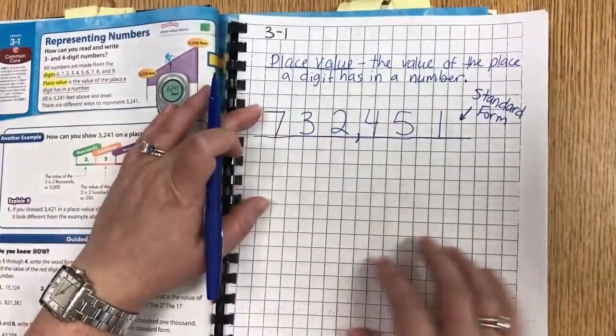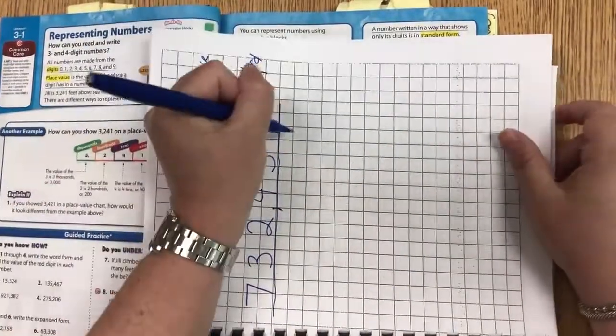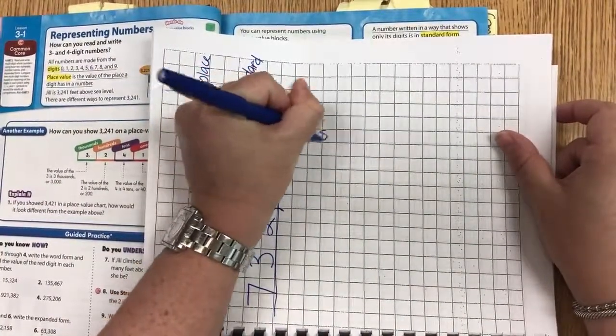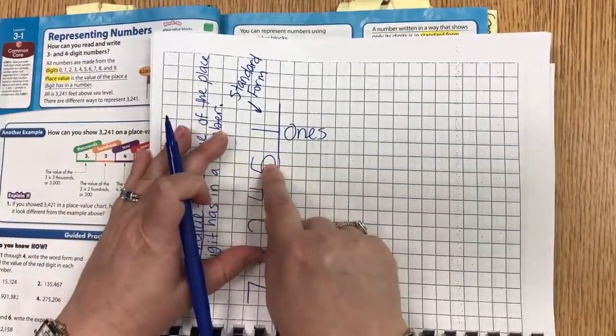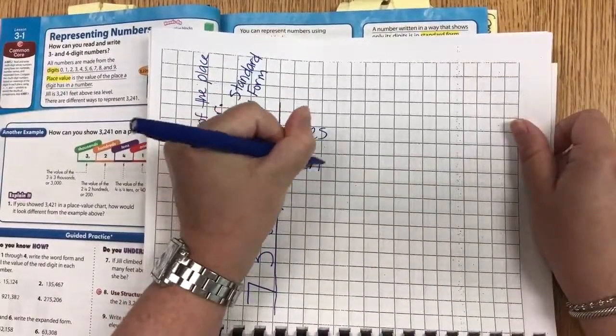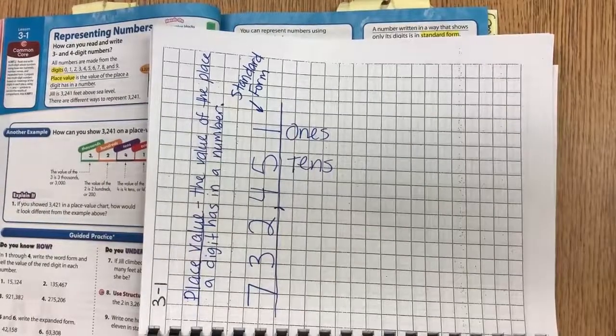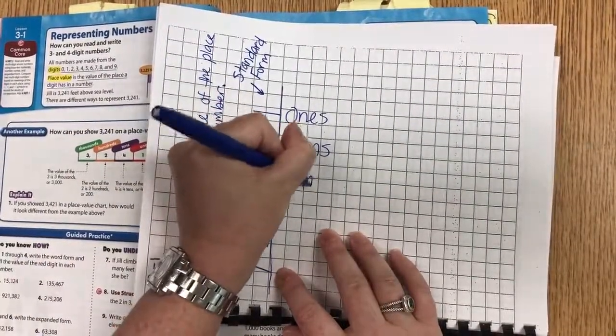And now when we're looking at the place of each number, I'm actually going to turn it sideways. This right here, the very first one, is my ones place. This right here, the 5, is my tens place. This 4 right here is my hundreds place.